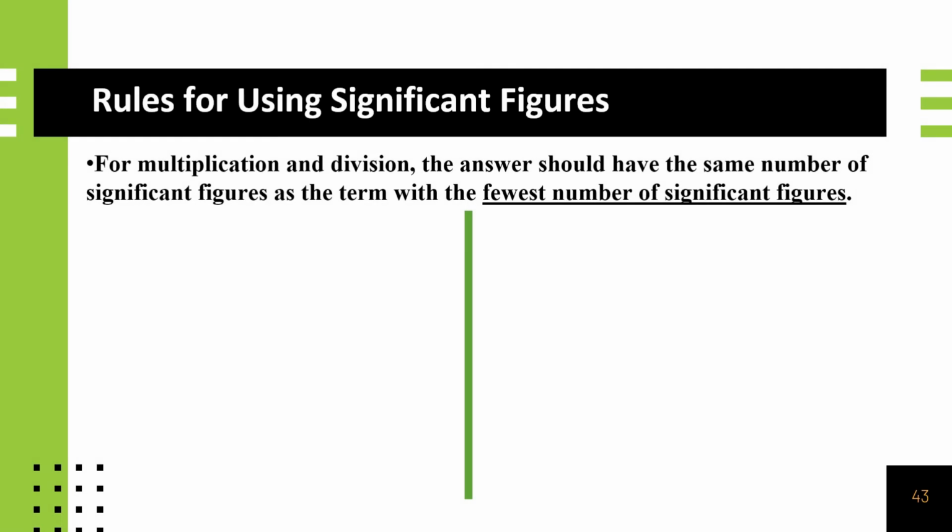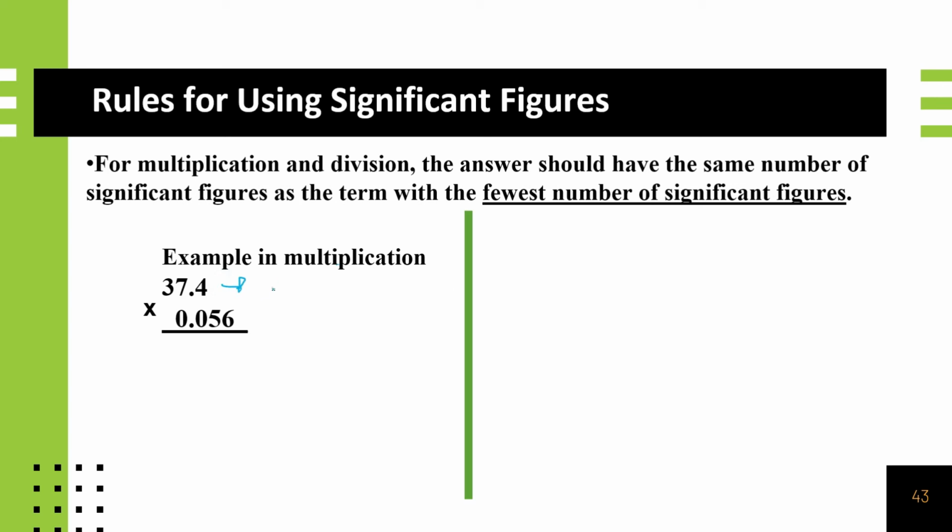Okay, next one is for multiplication and division. The answer should have the same number of significant figures as the term with the fewest significant figures. So, the rule in multiplication and division is that we always follow the fewest number of significant figures in the final answer. Example is 37.4 times 0.056. Again, first we need to determine the significant figures of the values that we have.